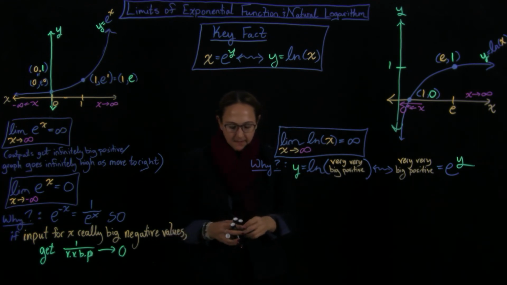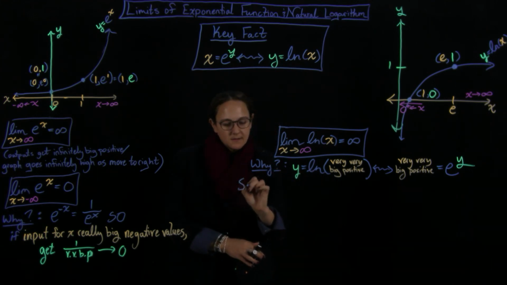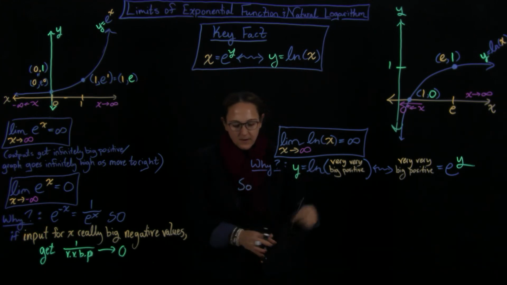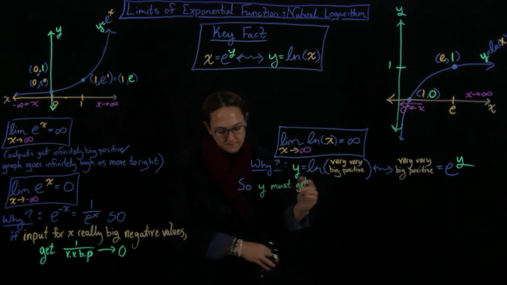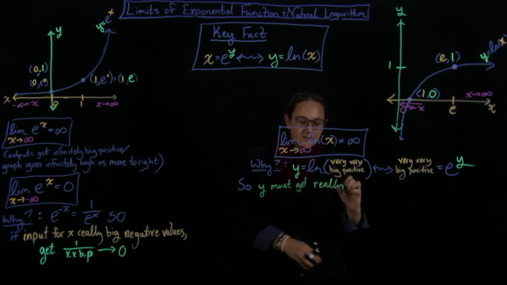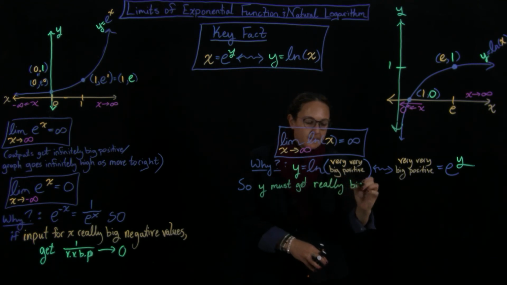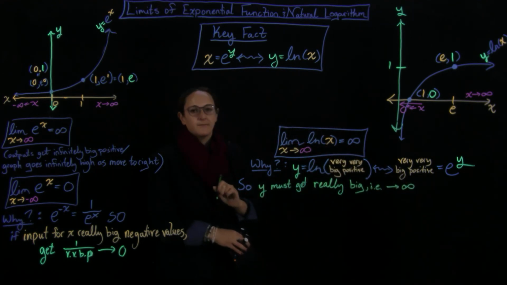So y must get really, really big, which is precisely going to tell us the limit, i.e., we have that it goes to infinity. Okay, just like we have there.